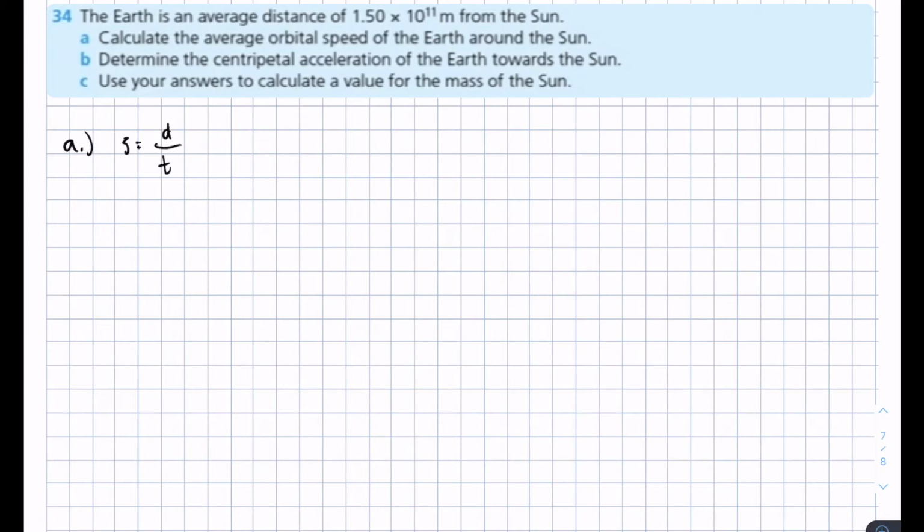Since the Earth is an average distance of 1.5 times 10 to the power of 11 meters from the Sun, that would be the radius, and you have to find the circumference.